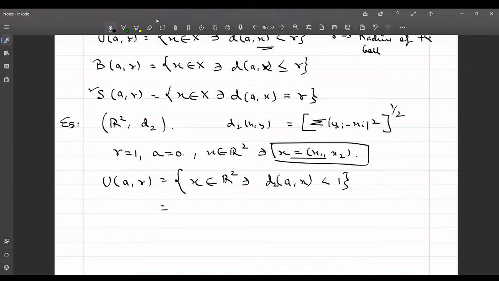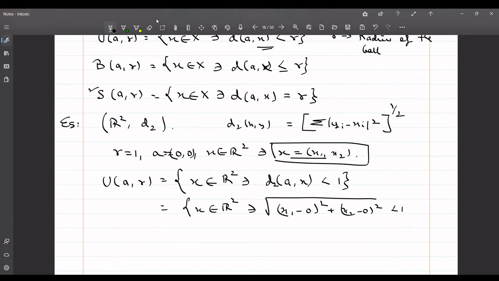Now A is 0, which is in the form of a coordinate because A is an element of R2 itself. So this is the set of all those elements of R2 such that d of x can be written as the square root of (x1 minus 0) squared plus (x2 minus 0) squared, less than 1.